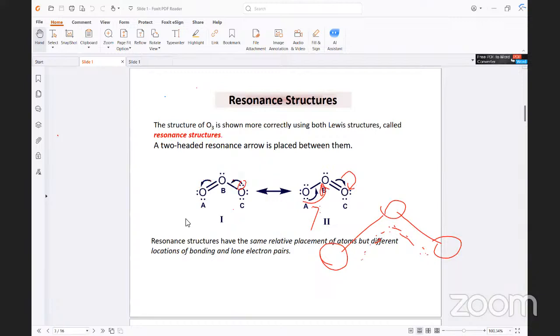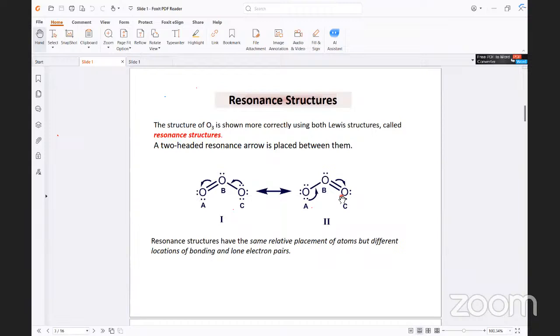So you have a resonance structure like you have in a benzene ring. Now, in a resonance structure, if you look at this example, this oxygen is labeled A, this is labeled B, this is labeled C. A, B, C. In each of these cases, the number of electrons is complete.